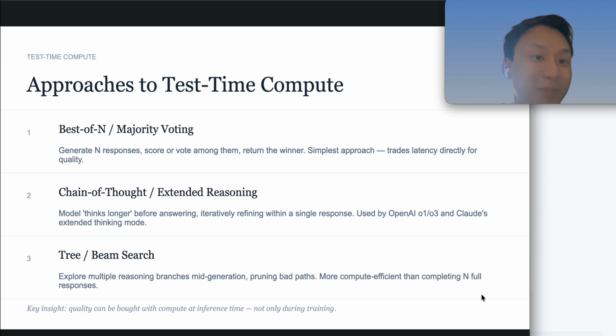And now, last but not least, we just talked about how it's selecting the next token, but under the hood, it doesn't show you token by token what it's generating. Usually it generates the entire thing and then shows you the response. And so what it can also do is generate n number of responses and score among those responses before returning one to the user.